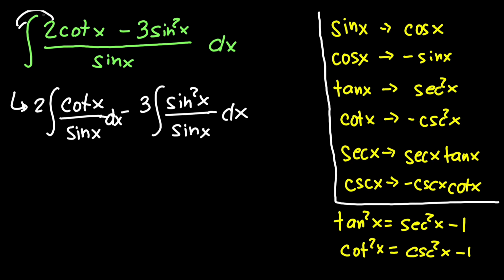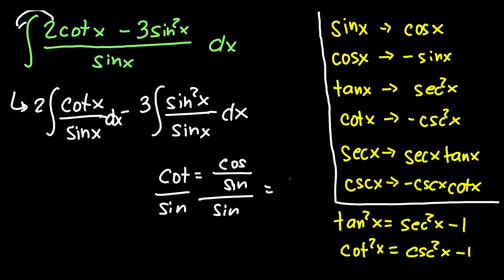So if you try to simplify cotangent into its simpler formula, cotangent would be equal to cosine over sine. So cotangent over sine is equal to cosine over sine squared.